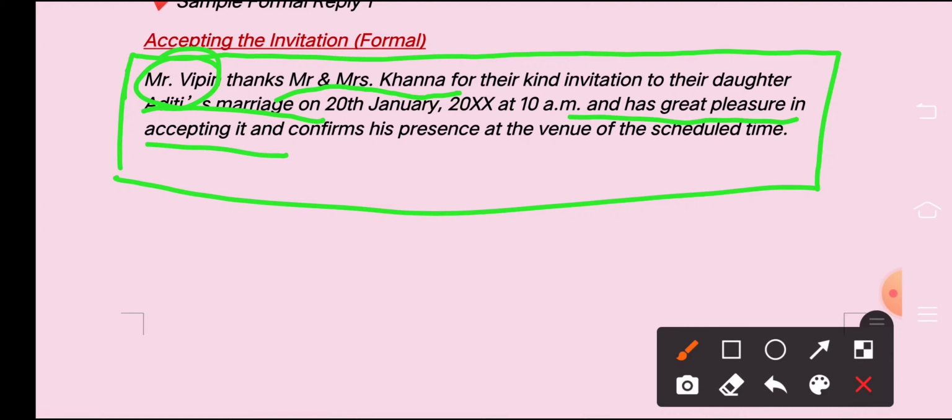"Accepting it and confirms his presence at the venue at the scheduled time." So briefly and in the specified way, in a formal tone, you have written the acceptance of the invitation. This is the reply accepting the invitation in formal style.